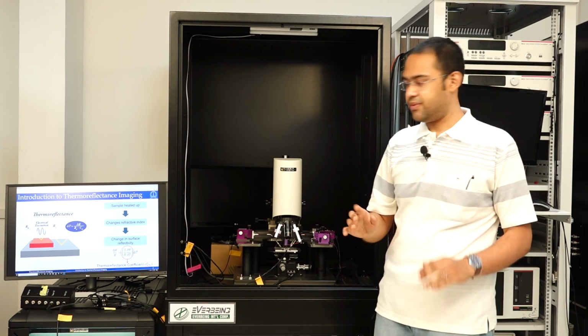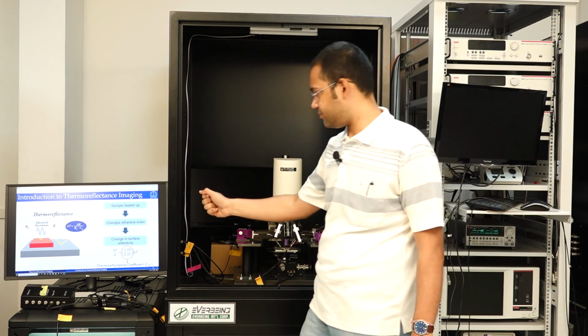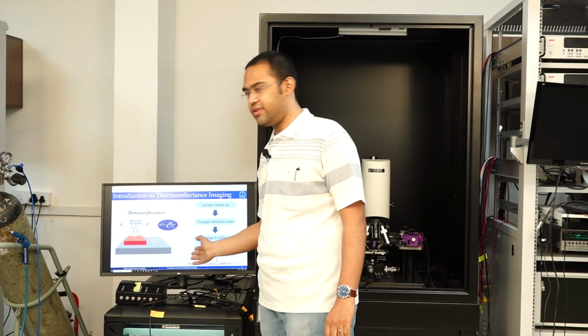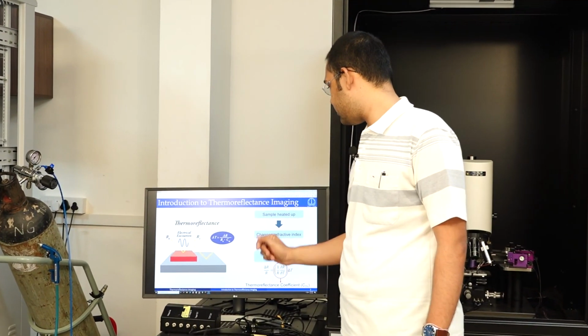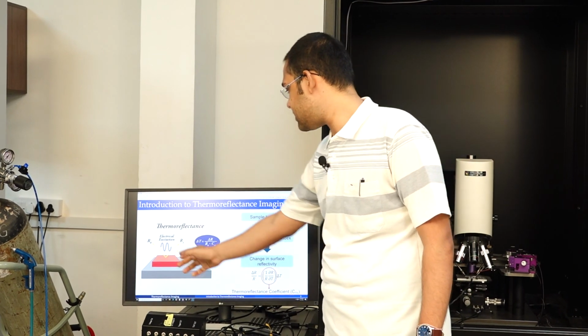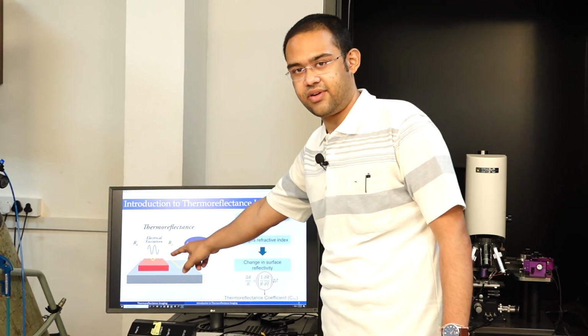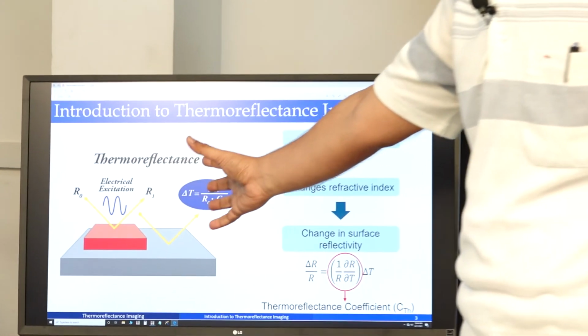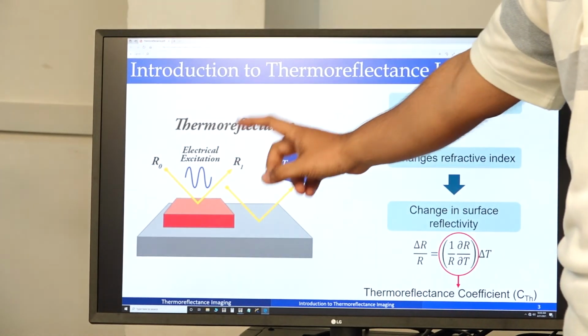In this process, I'll show you a brief flow of how this tool works. So as you can see, light is incident on the device active area, and as heat is generated, the amount of reflected light changes.